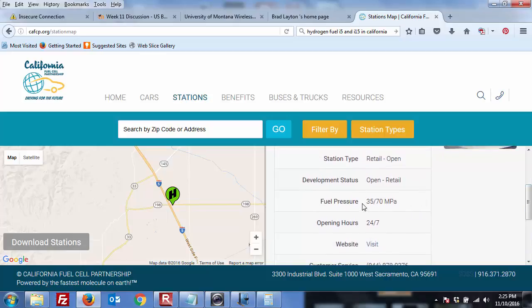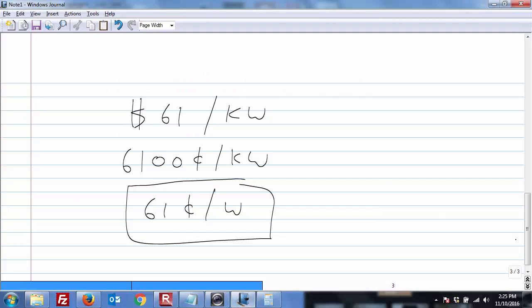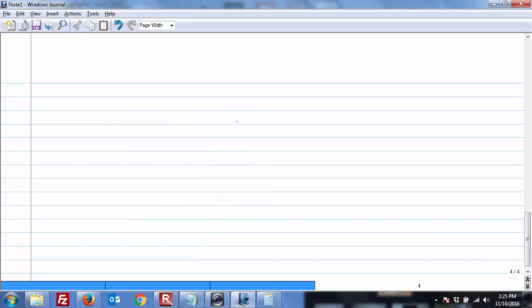Let's look at the fuel pressure. So they're running 35 or 70 MPa. 35 MPa equals, let's just do that really quick. So 35 MPa equals 35,000 kPa. Right, so multiply that by 1,000.